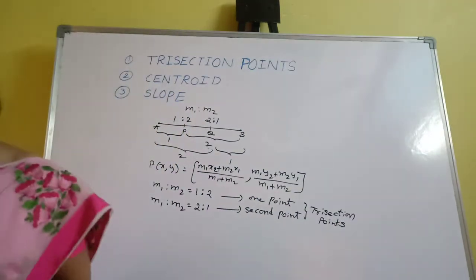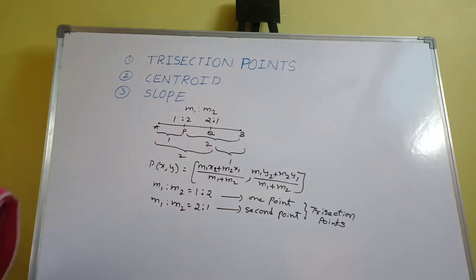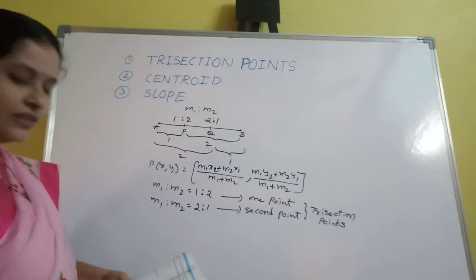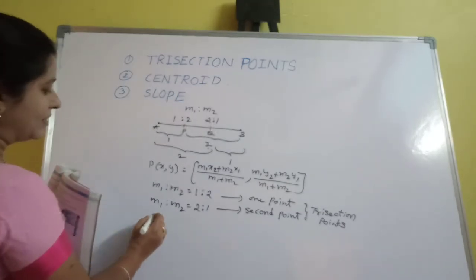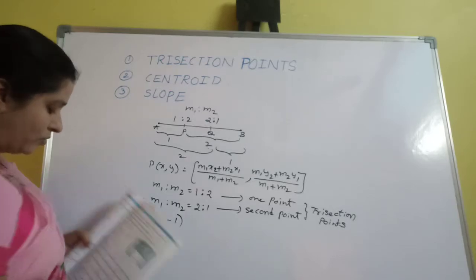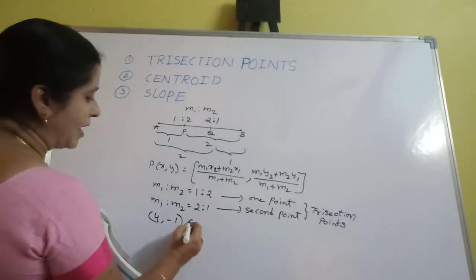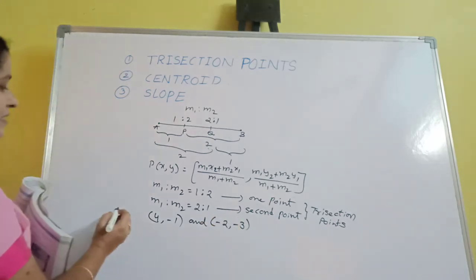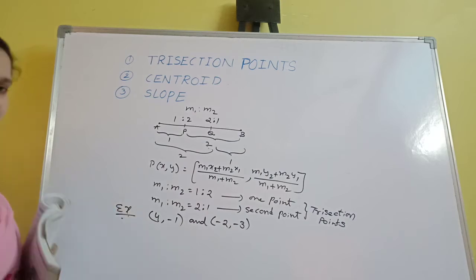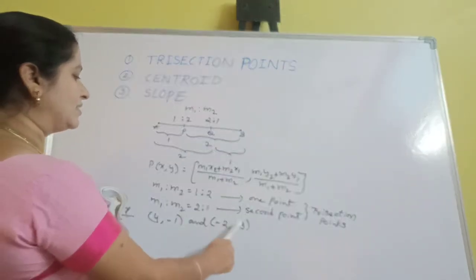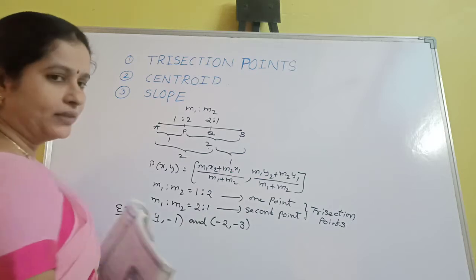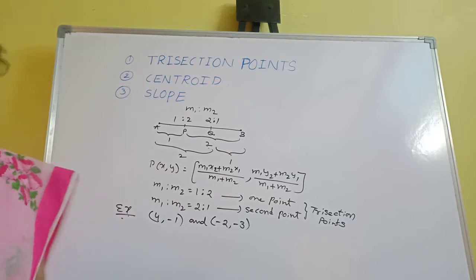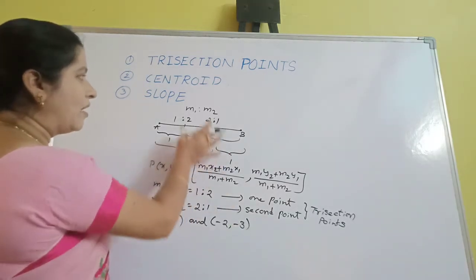Let us see one example for this. In your textbook there is a sum. Find the coordinates of the points of trisection of the line segment joining 4, -1 and -2, -3. In this question the ratio is not given.